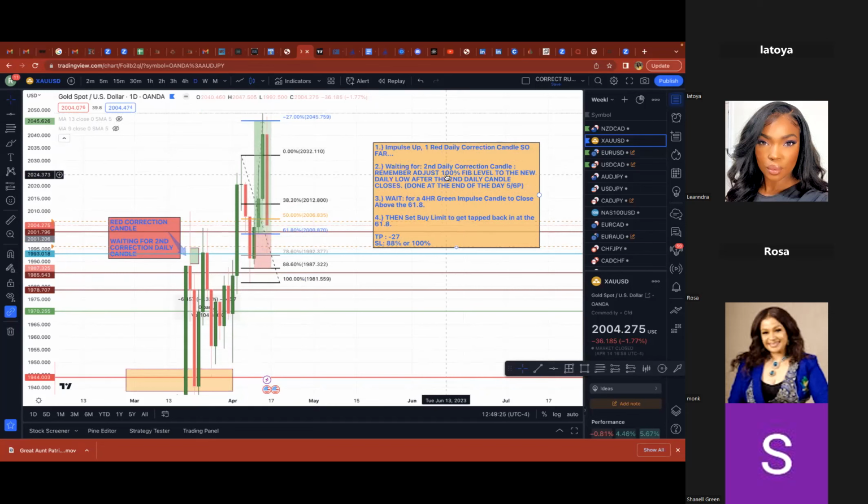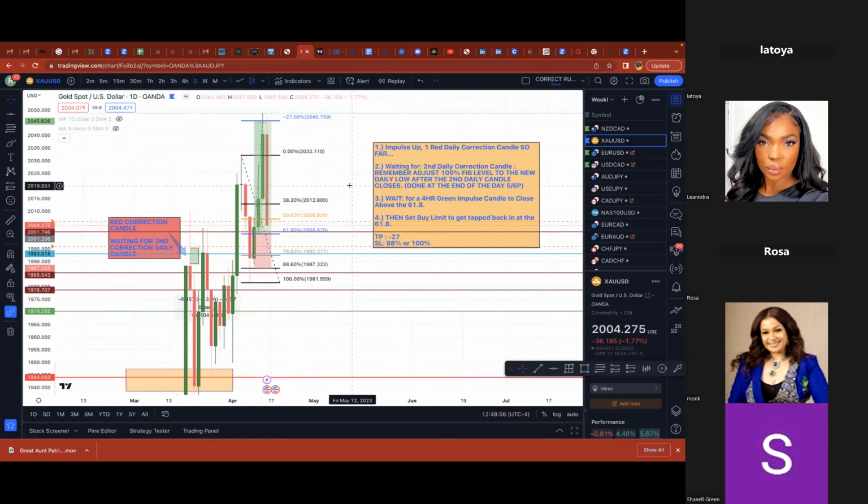Then you adjust your fib. Make sure you put your fib 100% down here and the 0 at the top of the previous impulse. So you're putting your fib on, quote unquote, backwards, because you want to see where price is going to take it to. You want to see where your negative 27 is, so you don't just guess.